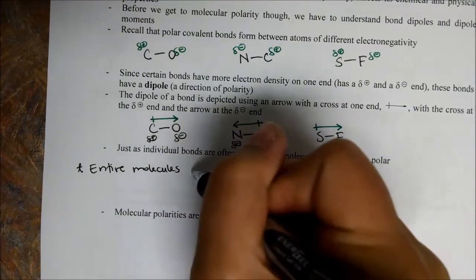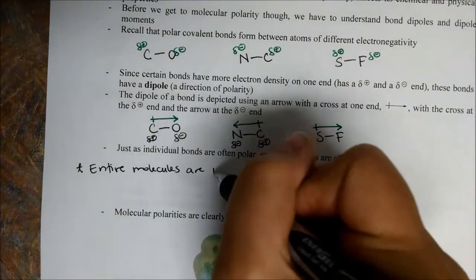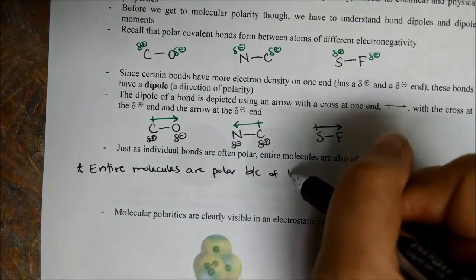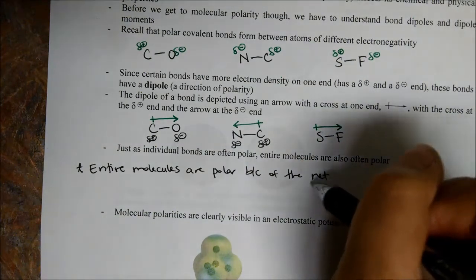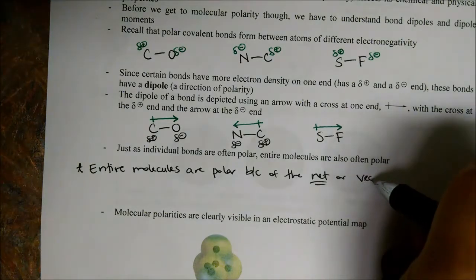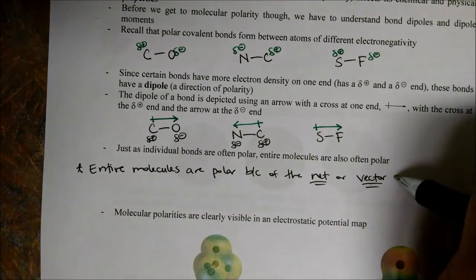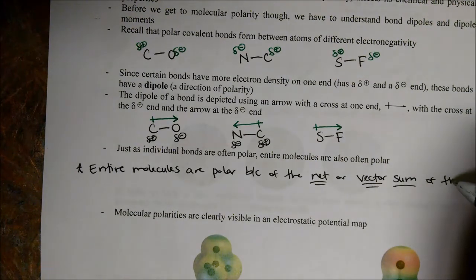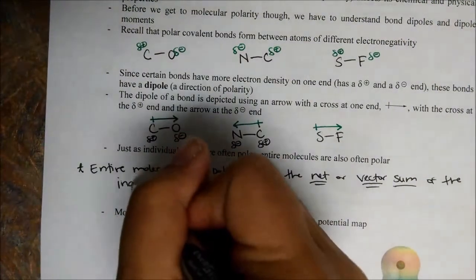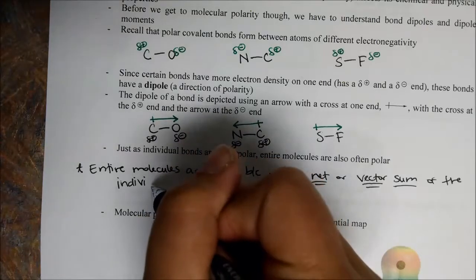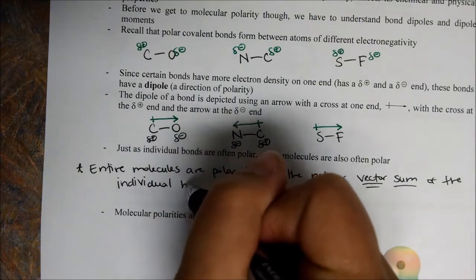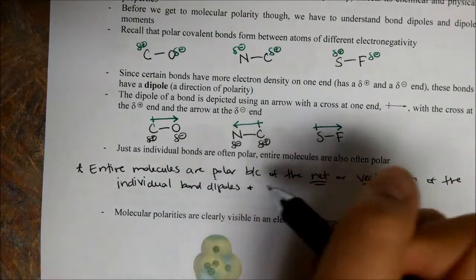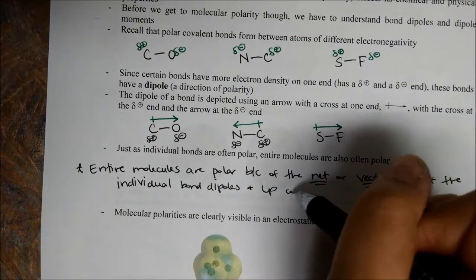Okay, so entire molecules are polar because of the net or vector sum of the individual bond dipoles and lone pair contributions.